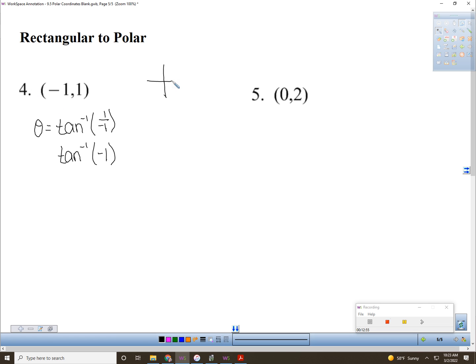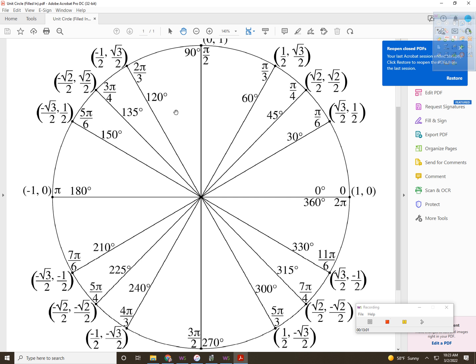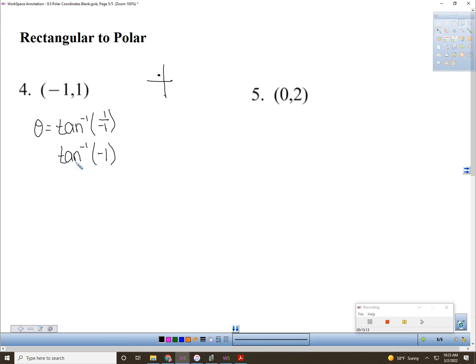So if I went negative 1, 1, I would be in the second quadrant. So when I'm choosing between the two, I already know I'm in the second quadrant, so this is not an option. So it would be the 3 pi over 4. All right, so that is my angle. So that gives me a tangent value of negative 1. So theta is 3 pi over 4.